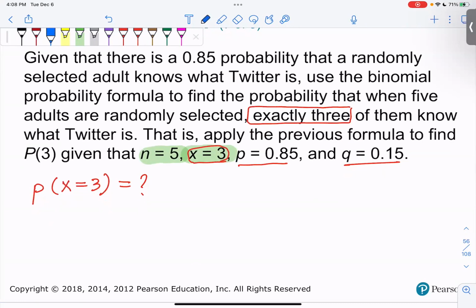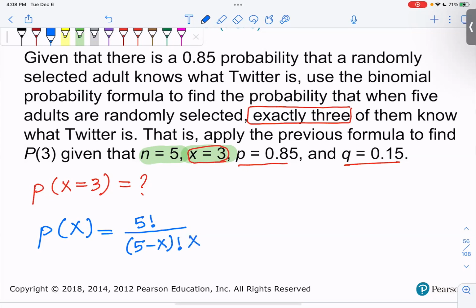So the general formula will be, let's write it right away: P of X equals n factorial, which is 5 factorial, over 5 minus x factorial, times x factorial, times P, which is 0.85, to the power x, and then Q, which is 0.15, to the power 5 minus x.